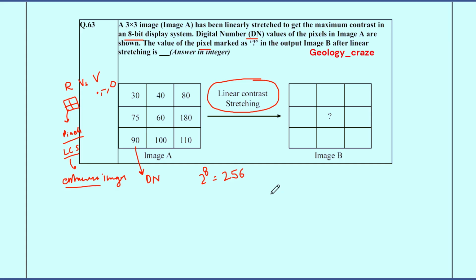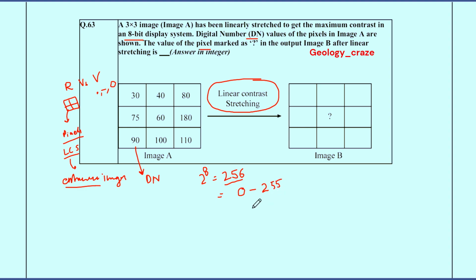So now these are the values for 8-bit. Our image is 8-bit, so our values range from 0 to 255.